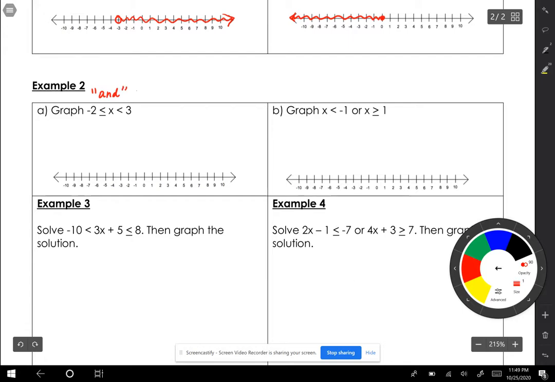For example 2, 2a is an example of an and inequality. An and inequality is what is known as a compound inequality. But with an and inequality, you have a sandwich graph.